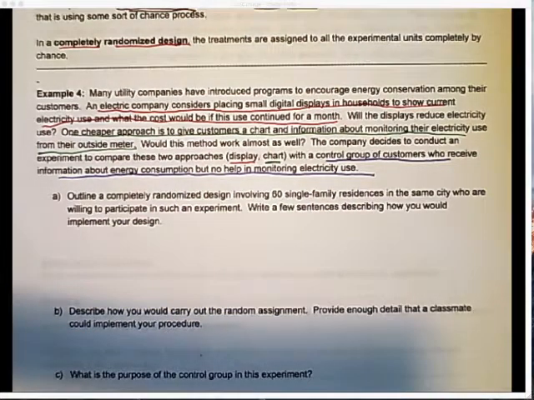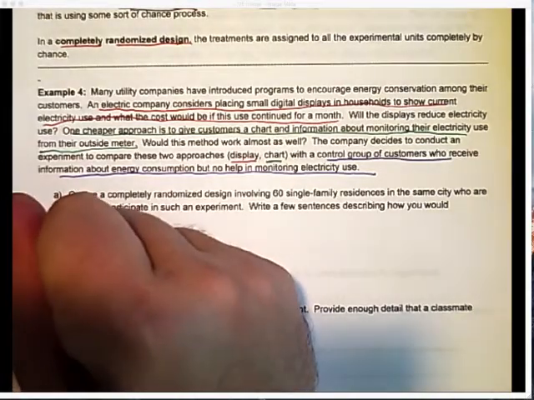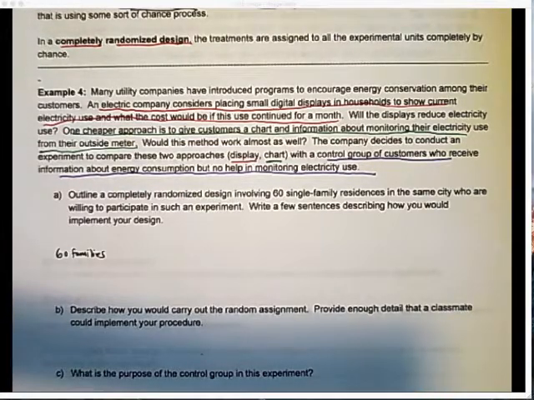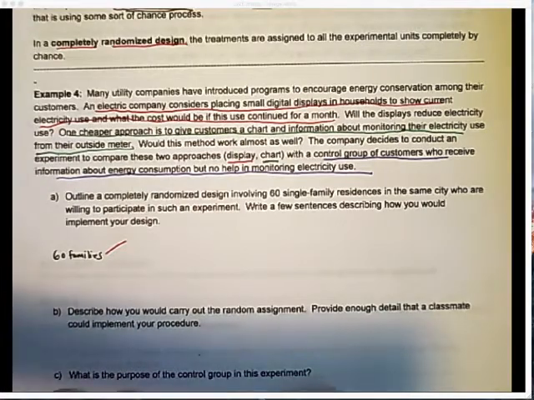It says, outline a completely randomized design involving 60 single-family residences in the same city who are willing to participate in such an experiment. Write a few sentences describing how you would implement your design. Okay, so we have 60 families. All right, and we want completely randomized, but we want about the same number in each group.